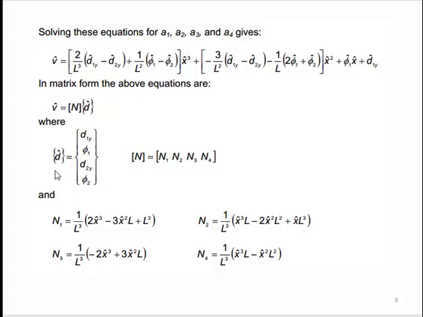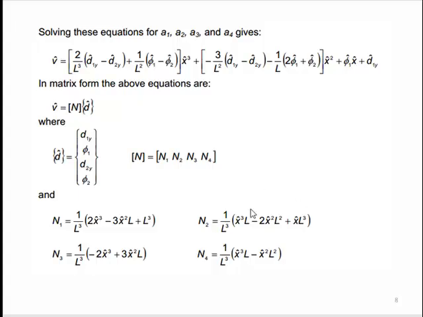The displacement vector would include d1y, phi 1, d2y, and phi 2, and the vector of shape functions would be n1, n2, n3, and n4. These expressions can be obtained simply by rearranging this equation such that we separate the coefficients for d1y, phi 1, d2y, and phi 2.